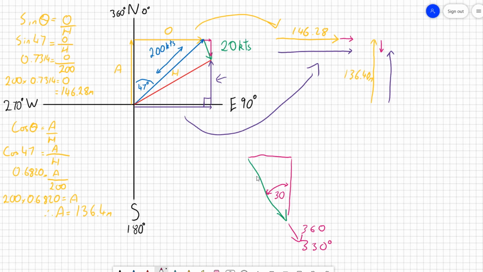Okay, so again, my hypotenuse equals 20, and I need to calculate my opposite and my adjacent.